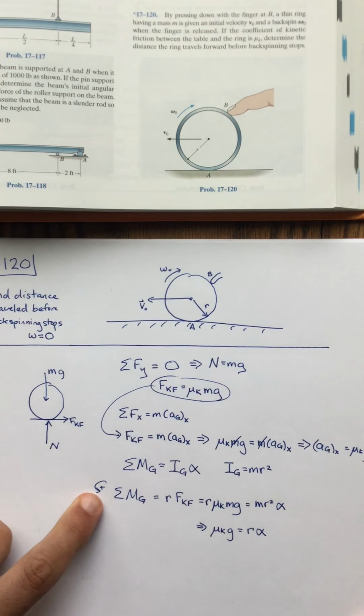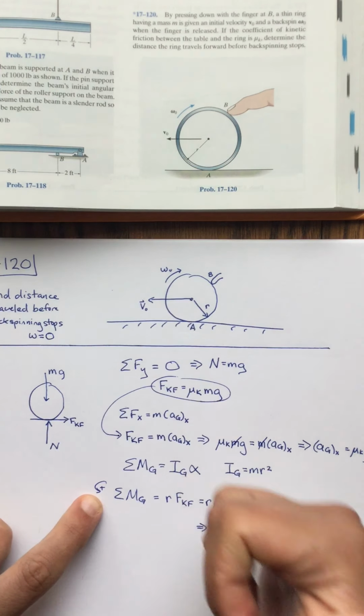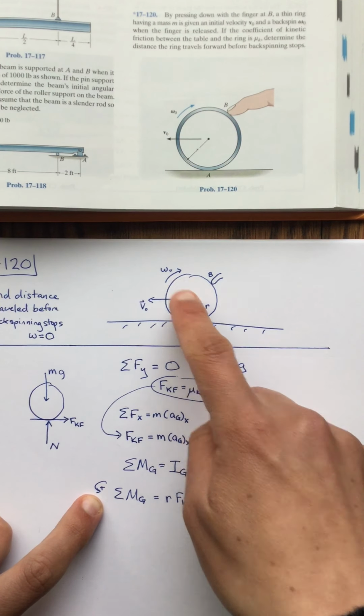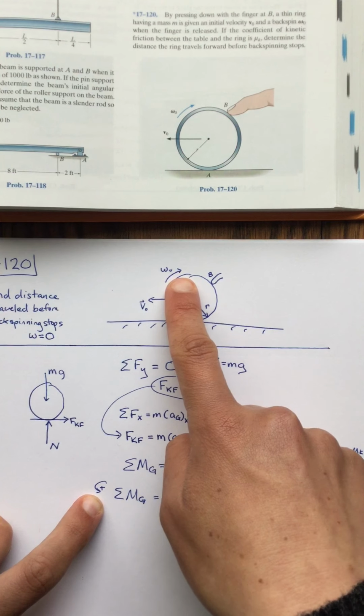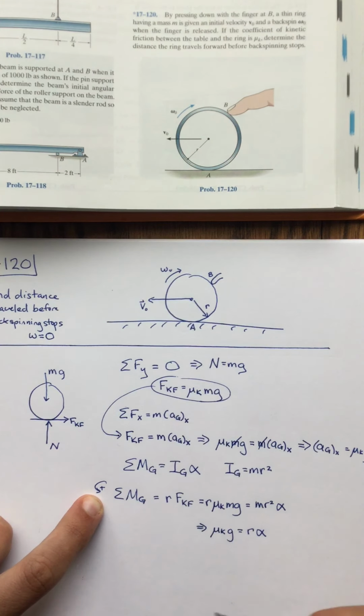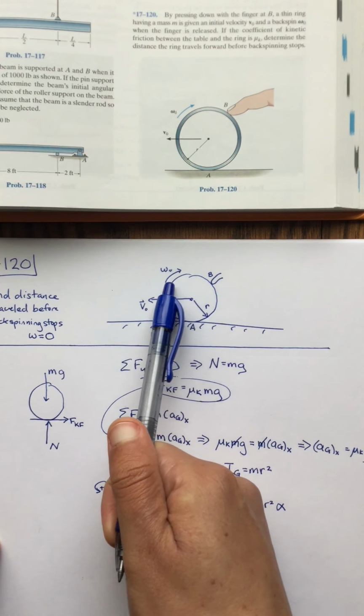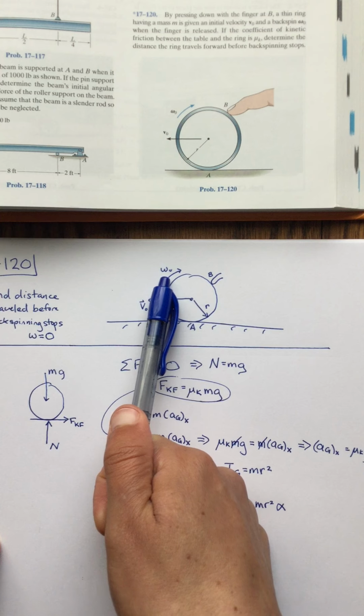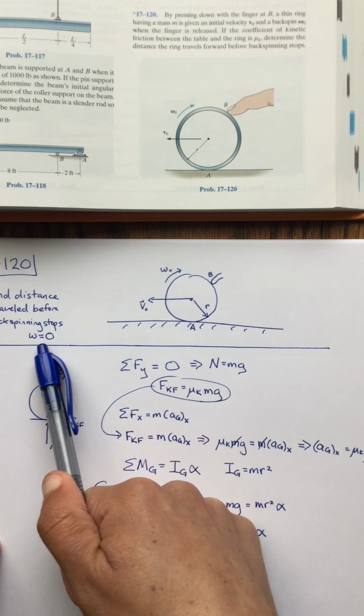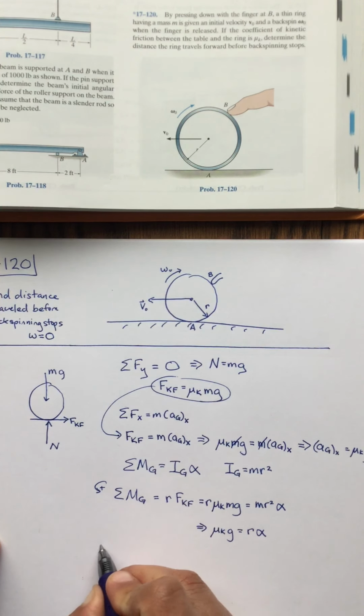Now, we said here when we summed up the moments, this was the positive direction. So that means for the initial angular velocity, that's going in the negative direction. So my initial angular velocity is negative omega naught. My final angular velocity is 0.